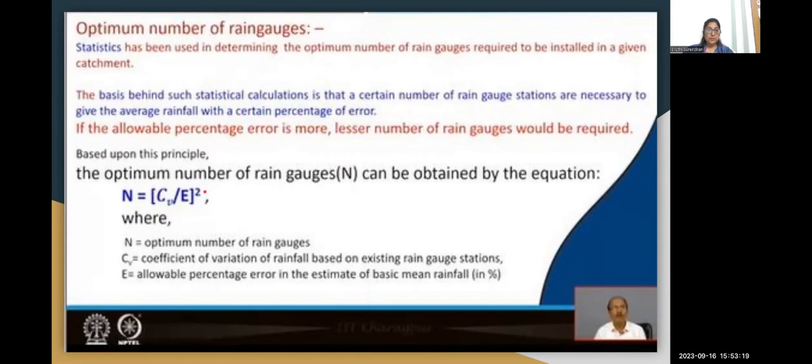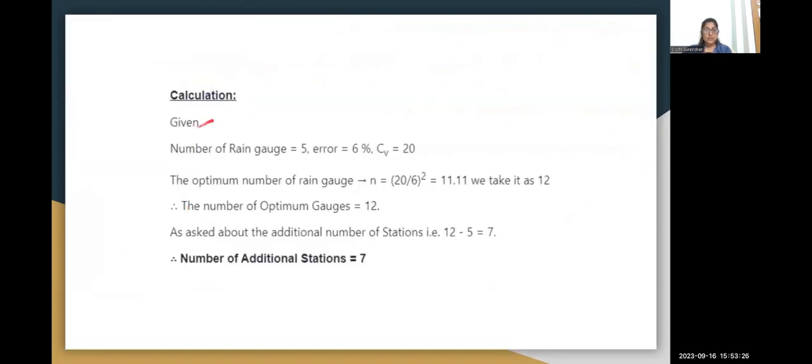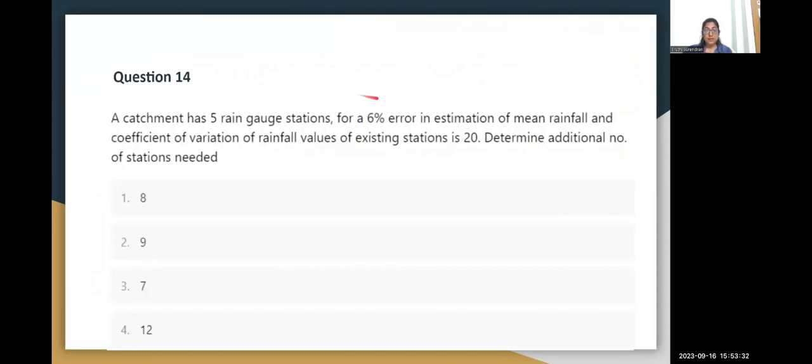So the optimum number of rain gauges is found using (CV/E) the whole squared. So in this question, they have given the number of rain gauges as five, the error that is acceptable during the calculation of rainfall is 6%, and the coefficient of variation is 20.